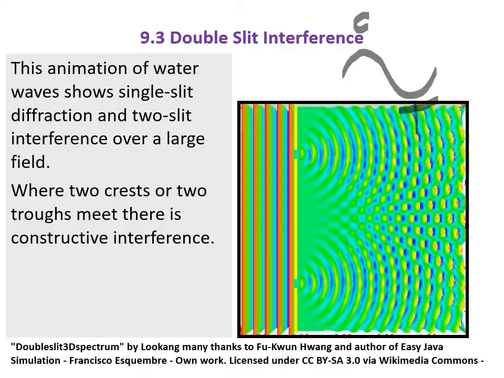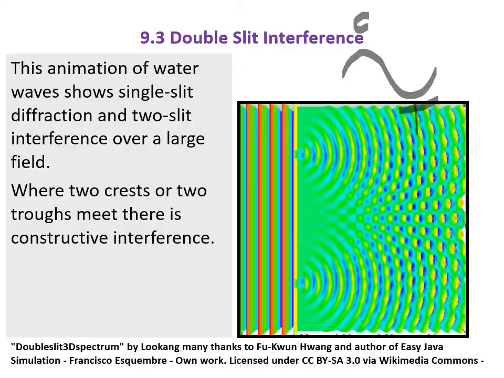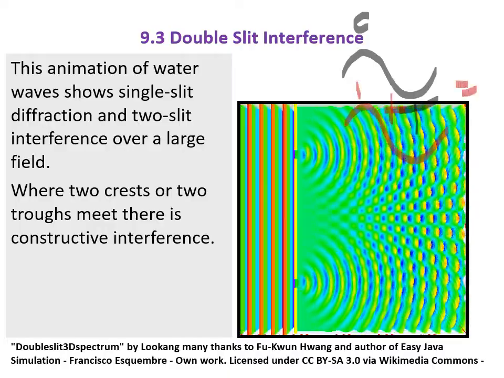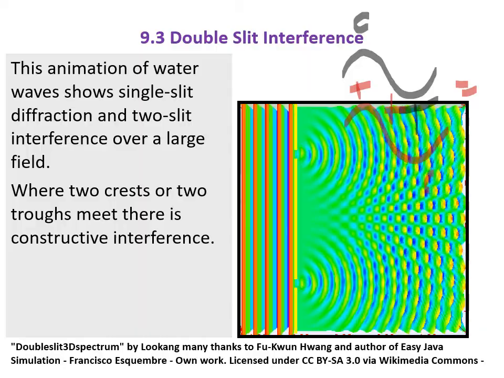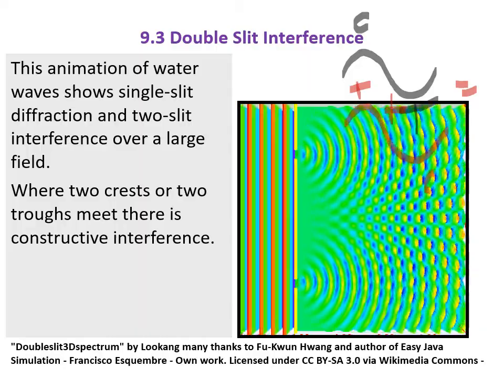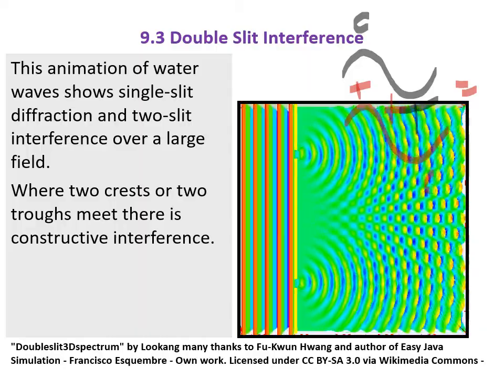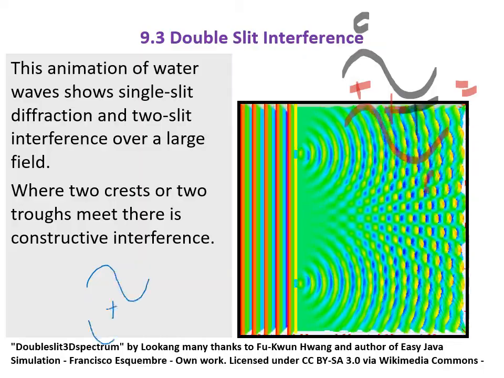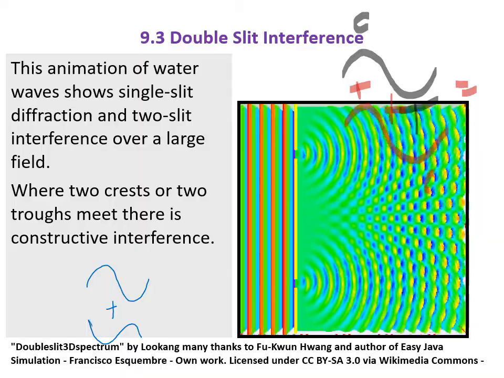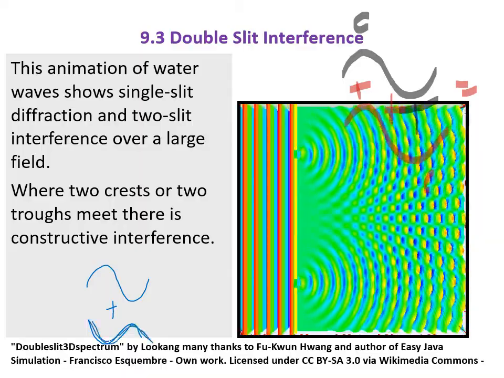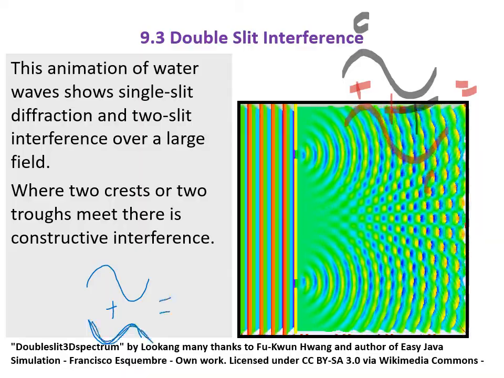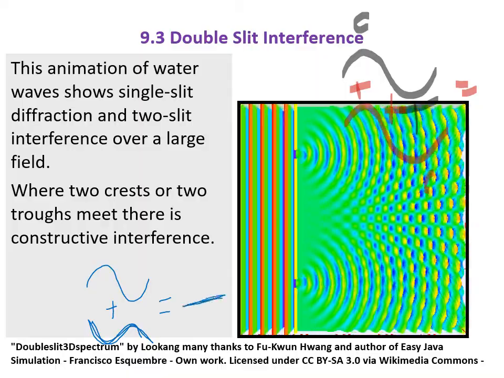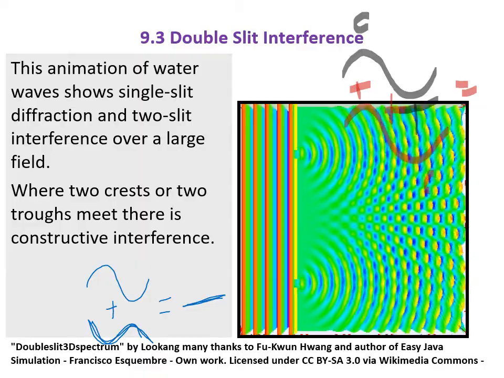When you have two crests meeting and two troughs meeting, that's constructive interference. These waves are totally in phase. But if you have a crest meeting a trough, these are out of phase by a full pi, 180 degrees, and so there is destructive interference. You get a flat line. So the waves would just cancel out.